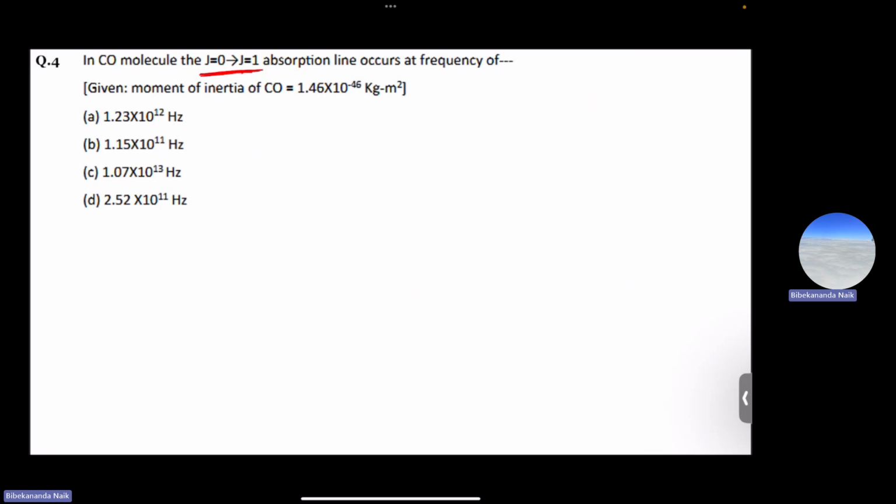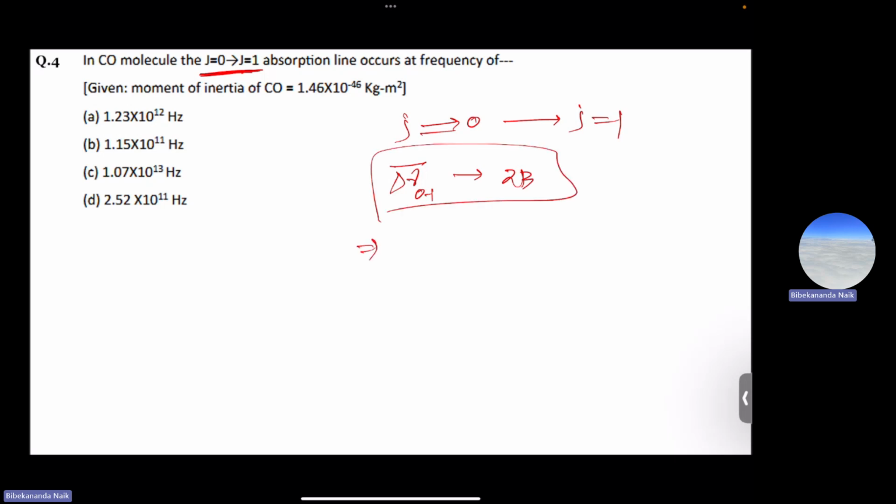So if we discuss, we know when the transition occurs from J0 to J1, delta nu bar from 0 to 1 is 2b, and in terms of energy, delta E for the transition from 0 to 1 will be 2bhc, because the expression is Ej equals j into j plus 1 times hc.